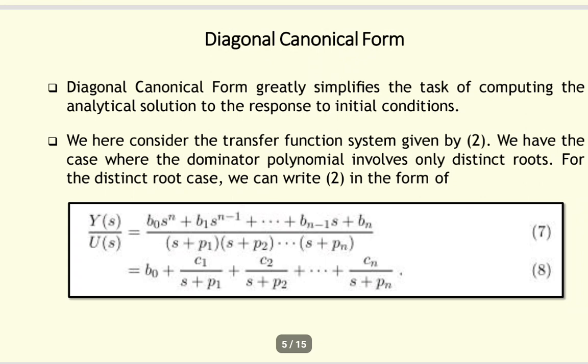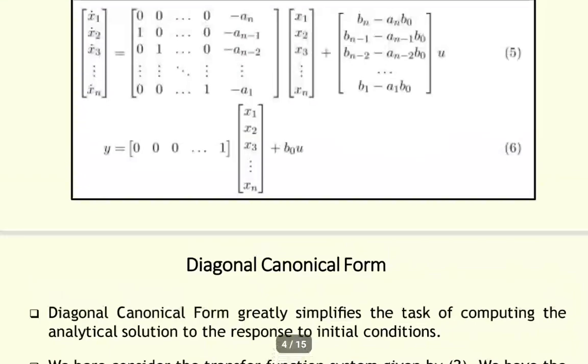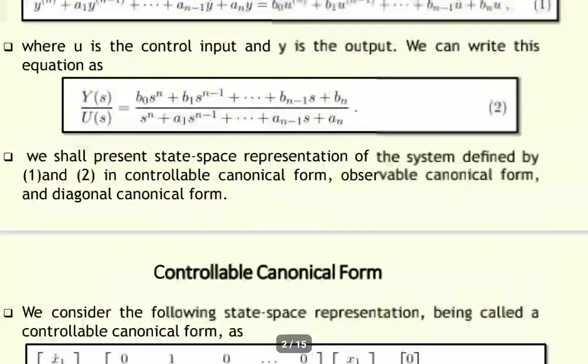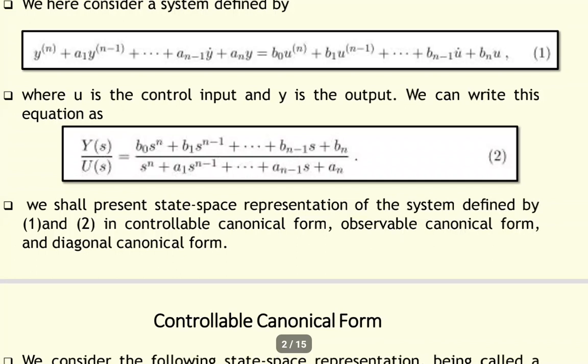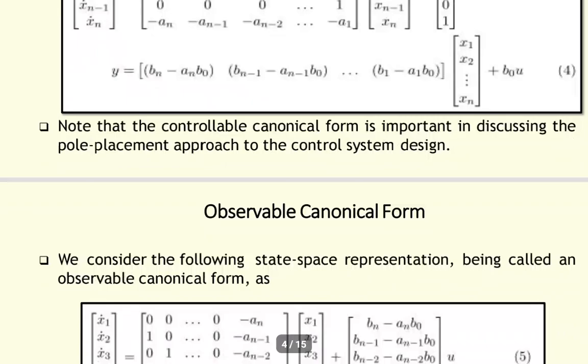We here consider the transfer function system given by equation 2. What is equation 2? That we will see. This is the transfer function, obviously.